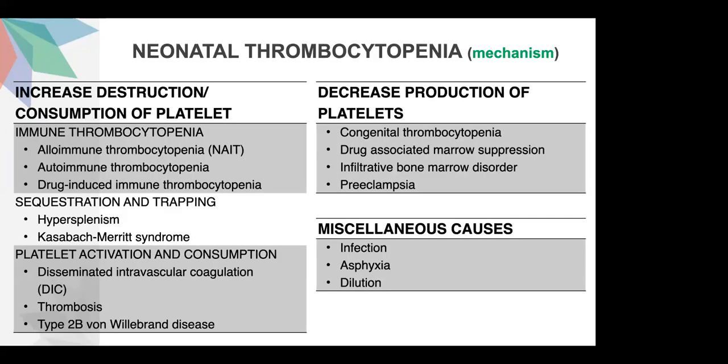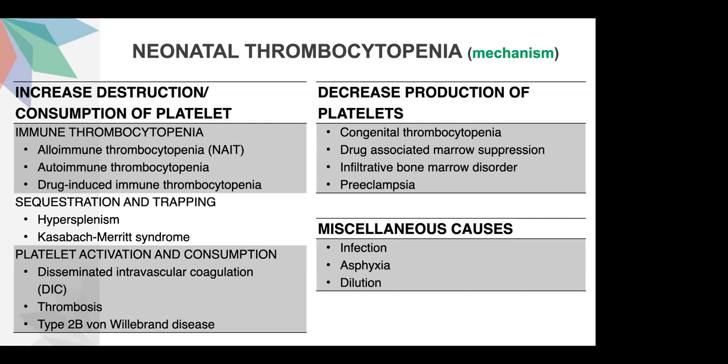Okay, so these are the causes of neonatal thrombocytopenia classified according to the mechanism. As you can see, in increased destruction or consumption of platelets, we have immune thrombocytopenia, and we have NAIT, neonatal alloimmune thrombocytopenia. Both of these I will explain later. And then we have drug-induced immune thrombocytopenia. In hypersplenism and Kasabach-Merritt syndrome, we can see sequestration and trapping of the platelets, which eventually causes neonatal thrombocytopenia.